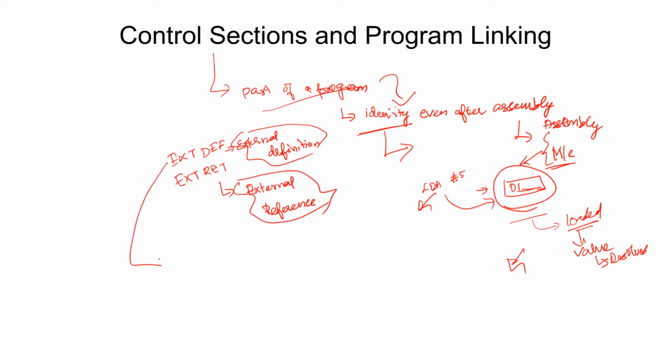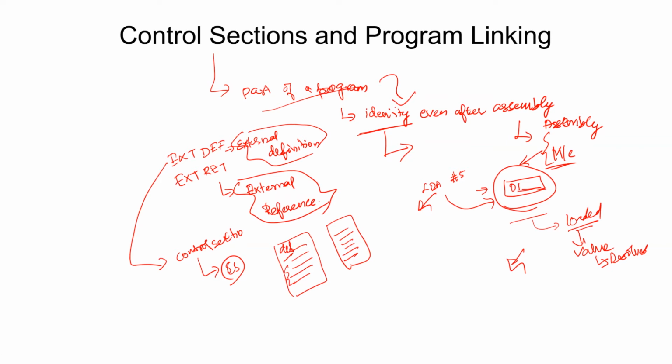External definition is a statement that is defined in this control section, and will be used in some other control section. For example, this is one control section, and this is another control section or part of a program. Here I am defining something.